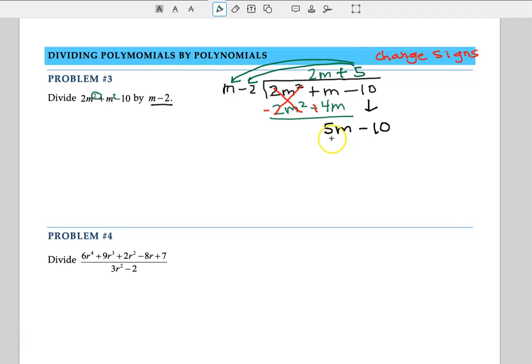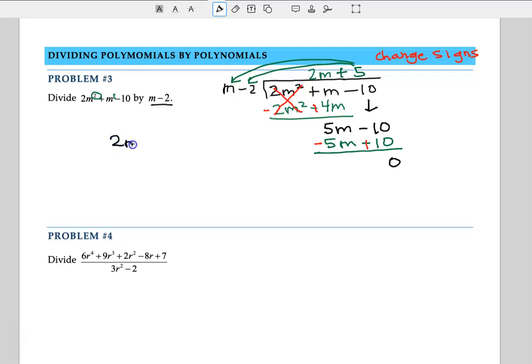So 5 times m is 5m. 5 times negative 2 is negative 10. And then we need to change signs. So make this subtract, make this add. And when we do that, we see, oh, we're left with a remainder of 0.